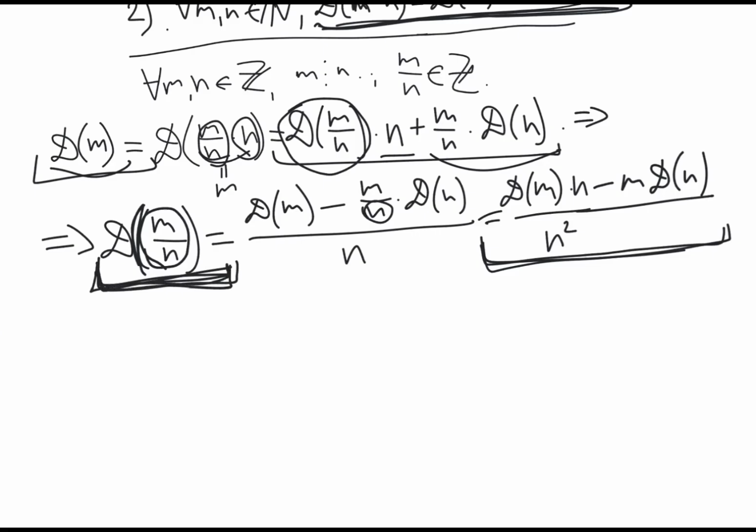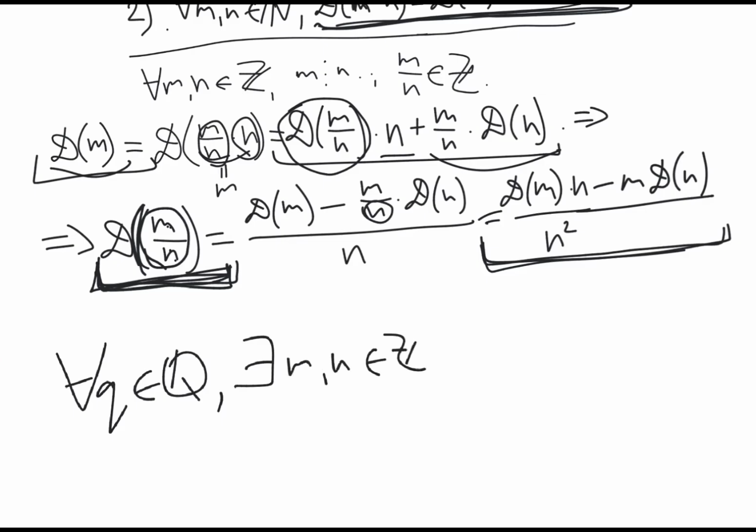So we define it for any m and n, regardless of whether m is divisible by n. For any rational number q, by definition, there exist integers m and n such that q is equal to m over n.